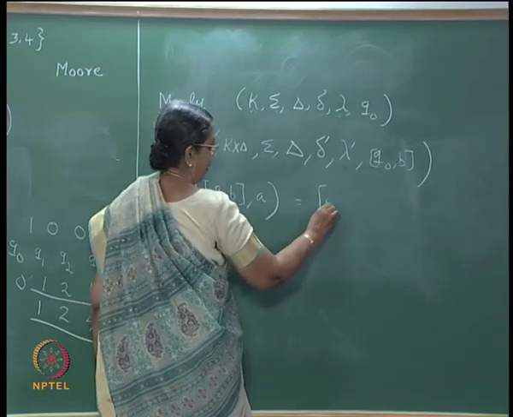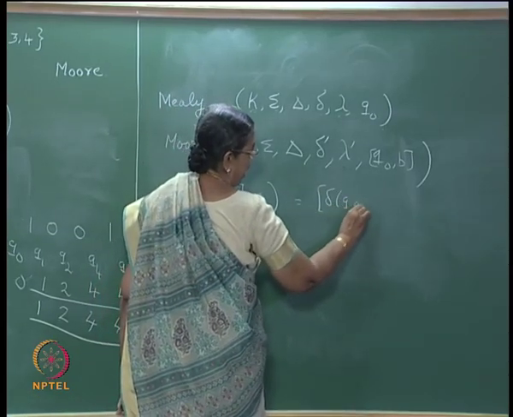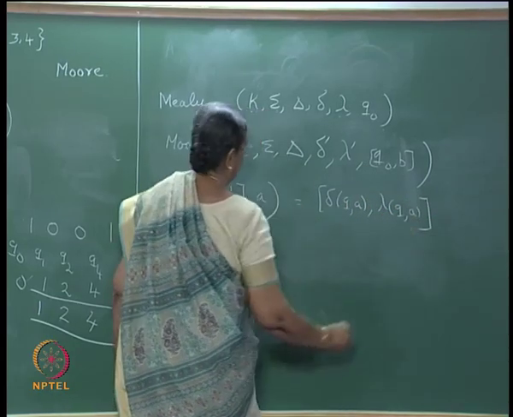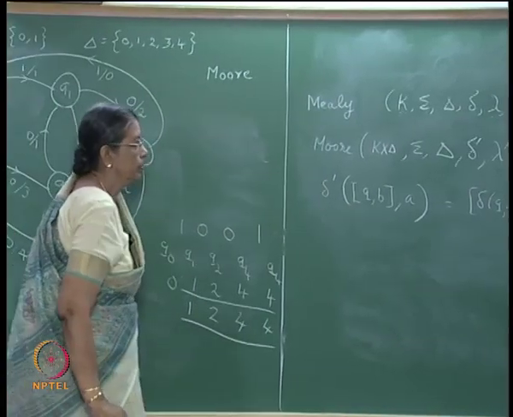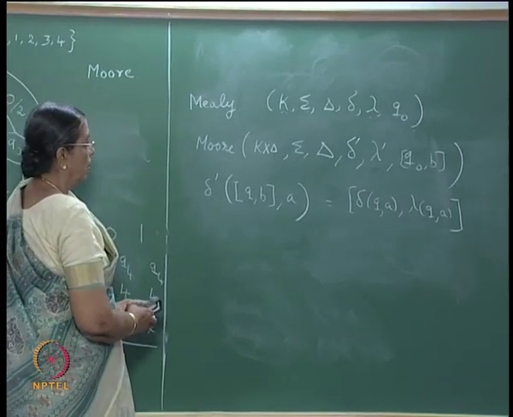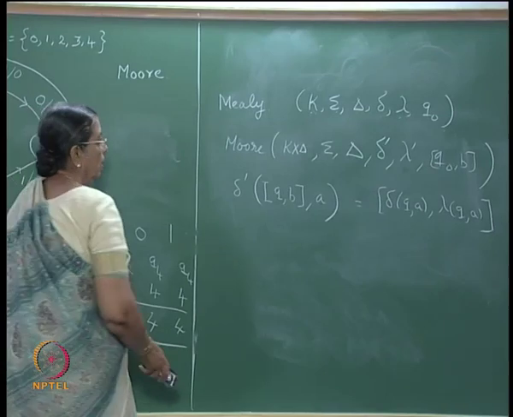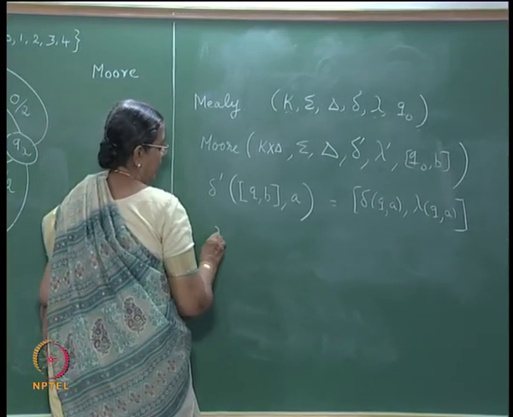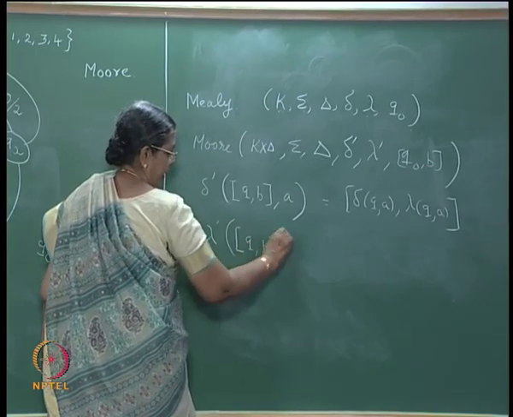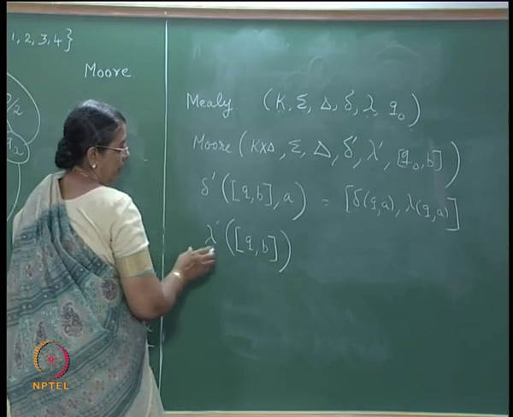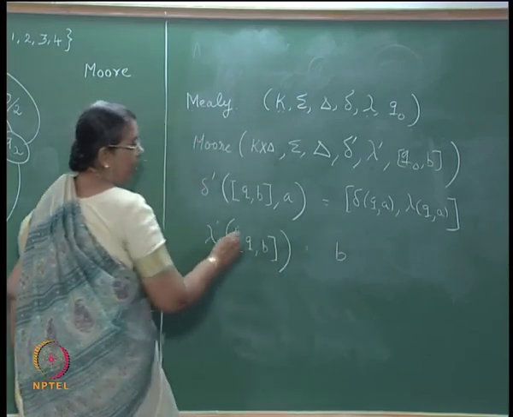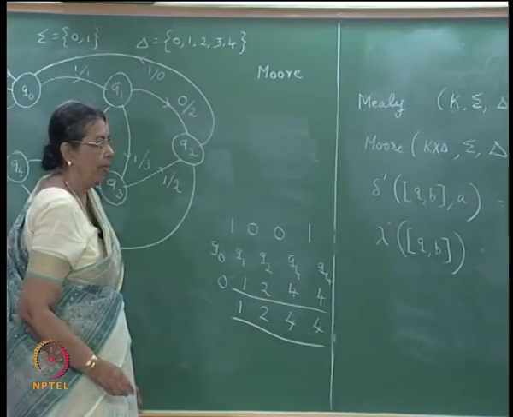The first component will be delta of (Q, A) and the second component will be lambda of (Q, A). The lambda dash now depends on the state alone. If you have a pair (Q, B), the output will depend only on this pair and it is given by the second component of the state, B.